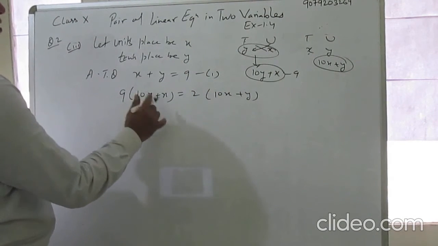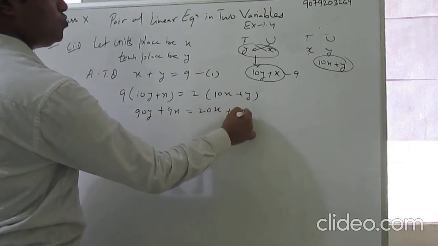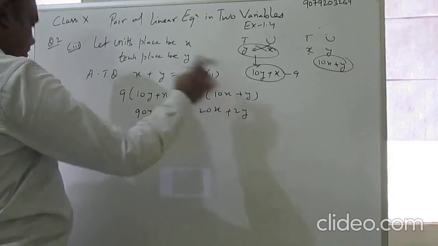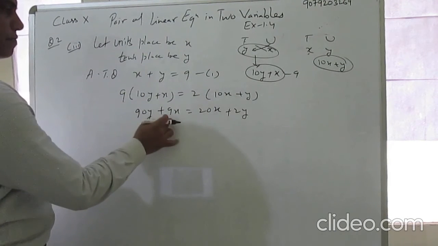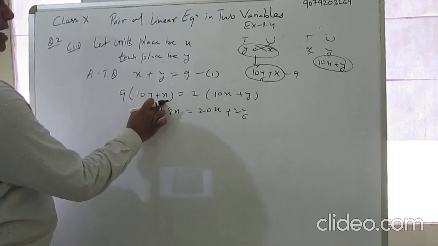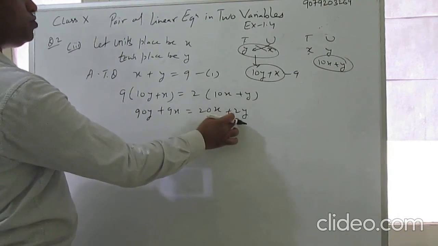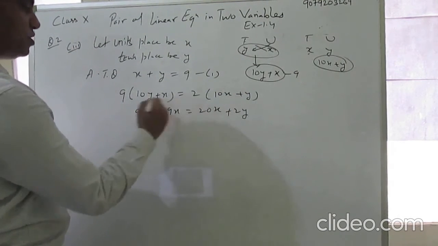90y plus 9x is equal to 20x plus 2y. Now x comes this side, y comes this side.